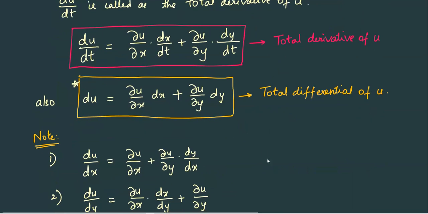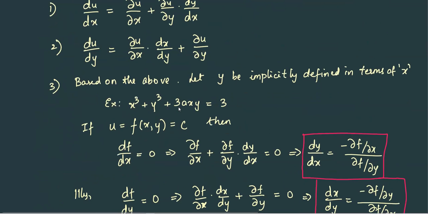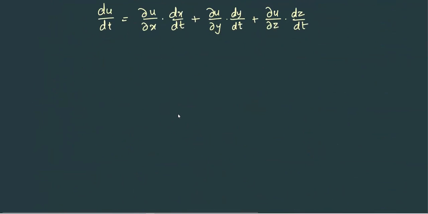With time, the particle is moving. So how to find the derivative? We can use partial derivatives this way. This is used in fluid mechanics types of problems where a particle of a fluid has velocity in x direction and velocity in y direction. It is moving. We want to find what is the actual velocity of the particle in the direction of motion. So there, these kinds of derivatives are used, total derivatives.